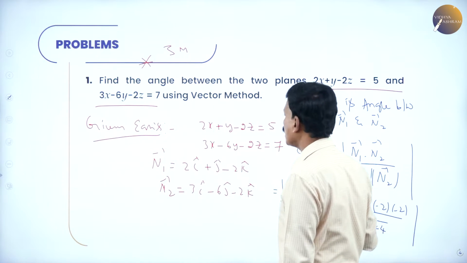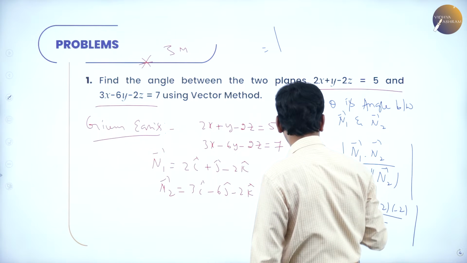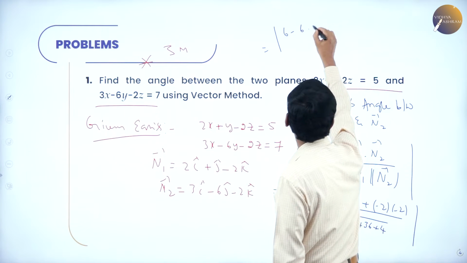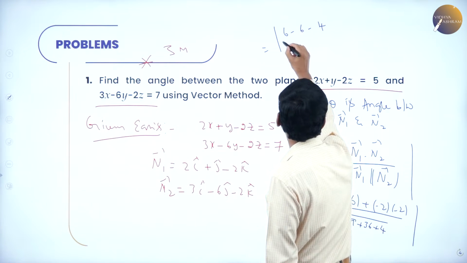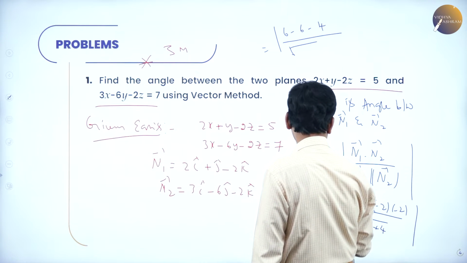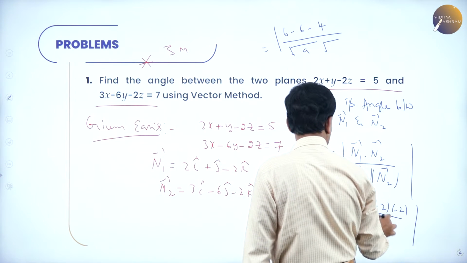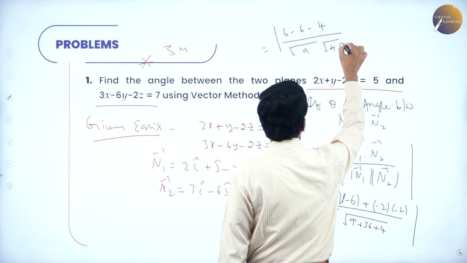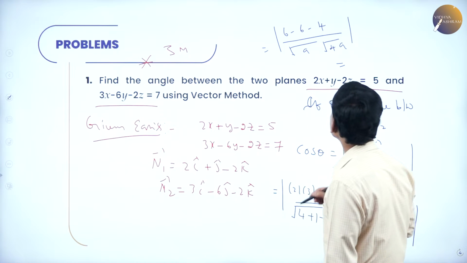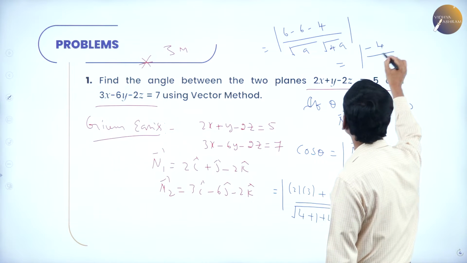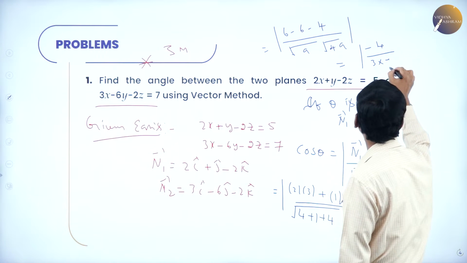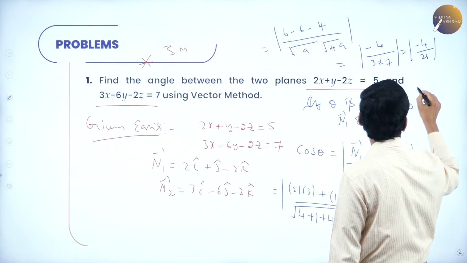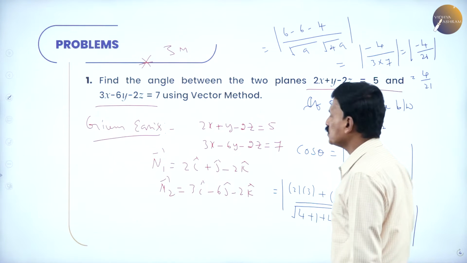Simplify this: mod of 6 minus 6 minus 4, divided by root of 9 into root of 36 plus 4 is 40, plus 9 is root 49. So this is minus 4 divided by 3 into 7, which is minus 4 by 21, and with the mod, it is 4 by 21.